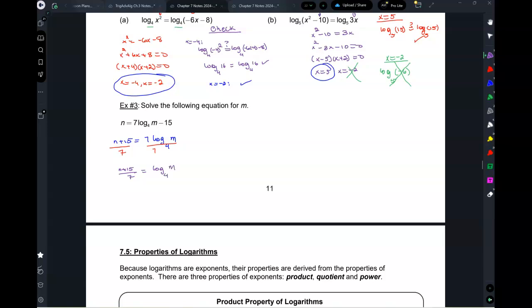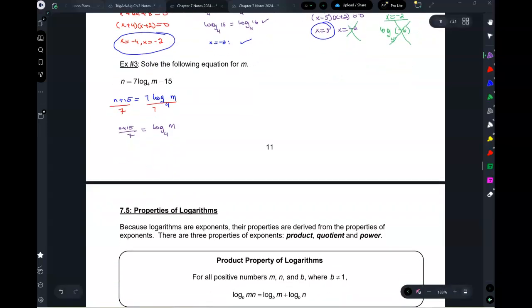Okay, where is that m? It's inside the log, right? I have log blah blah equals to something. This is the answer to a logarithm. What's the answer to a logarithm always? An exponent. Every exponent needs a base. What's the base? 4. So 4 to the power of this is equal to m, and there you have it.